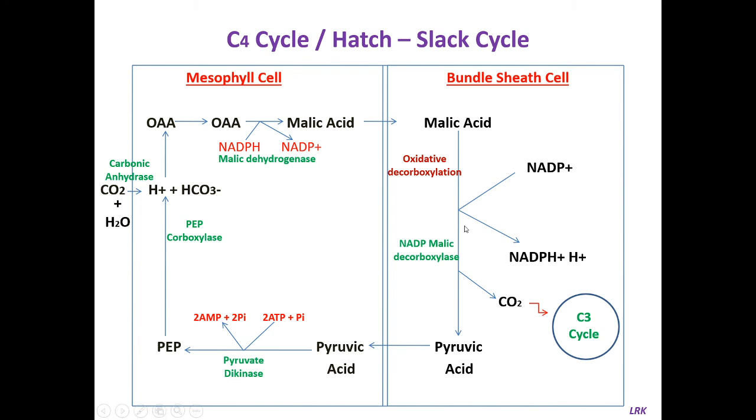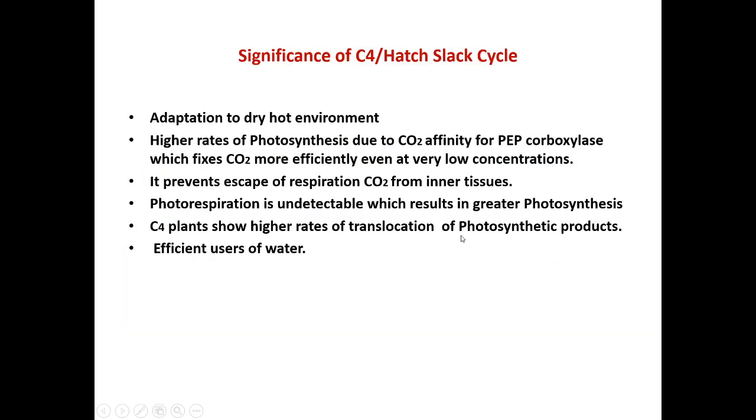Now we will see the differences between them, but first of all, the significance of the C4 cycle. The significance it has is adaptation to dry, hot environments, and higher rates of photosynthesis due to the CO2 affinity of phosphoenol pyruvic carboxylase, which fixes CO2 more efficiently even at very low concentrations.